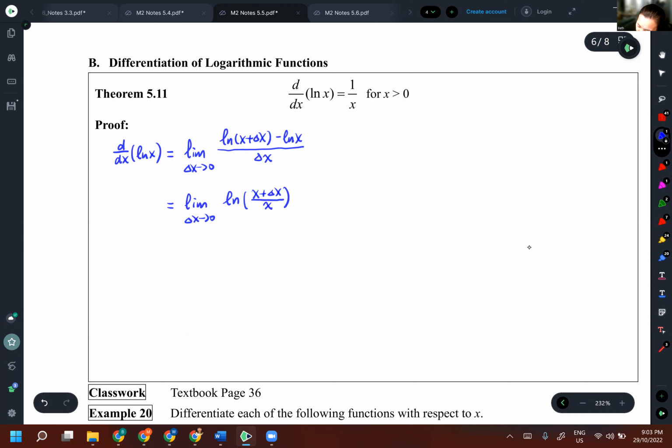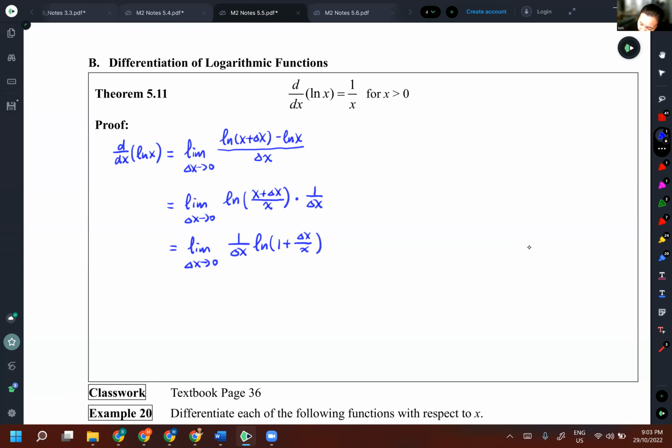And then this is divided by delta x. I will just do 1 over, so it's easier to write. And then I'm going to do 1 over delta x log 1 plus delta x over x.